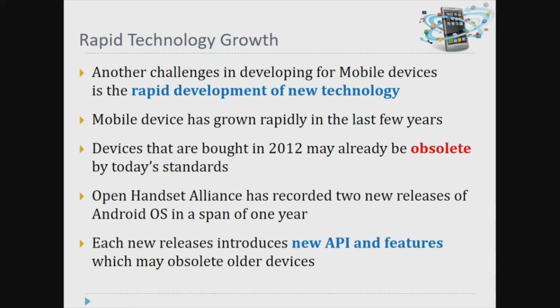So how fast the technology changes, and each new release introduces new APIs and new features which may make older devices obsolete. So this is not only a challenge for the developers or manufacturers or vendors, it also becomes a challenge to the users. We need to change our devices after 2 years.